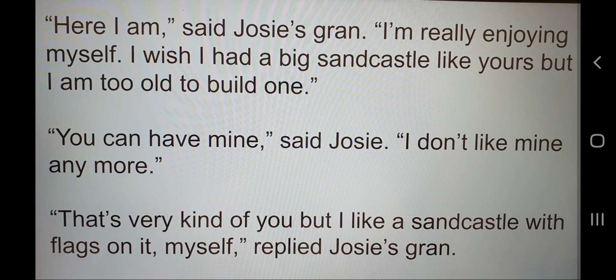"Here I am," said Josie's Gran. "Oh, I'm really enjoying myself. I wish I had a big sandcastle like yours, but I am too old to build one." "You can have mine," said Josie. "I don't like mine anymore." "Oh, that's very kind of you, but I like a sandcastle with flags on it myself," replied Josie's Gran.